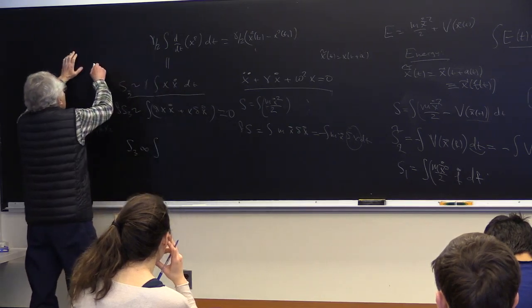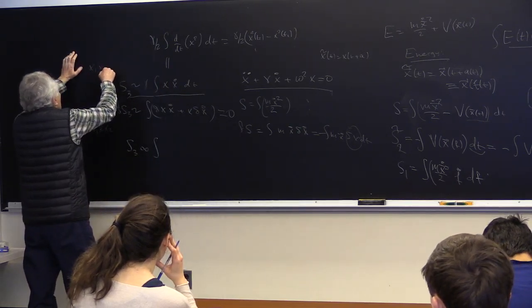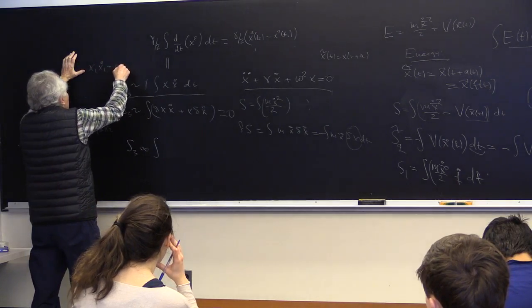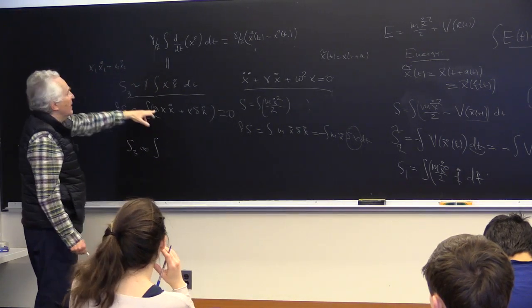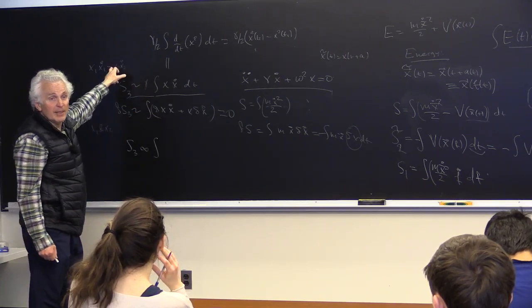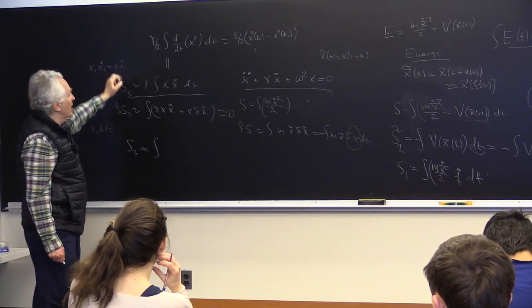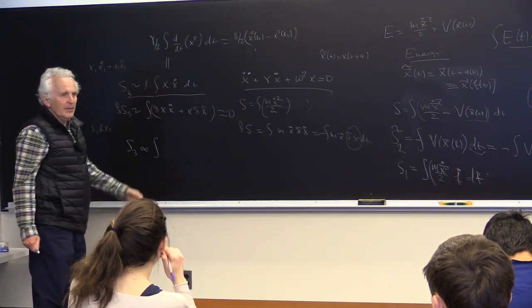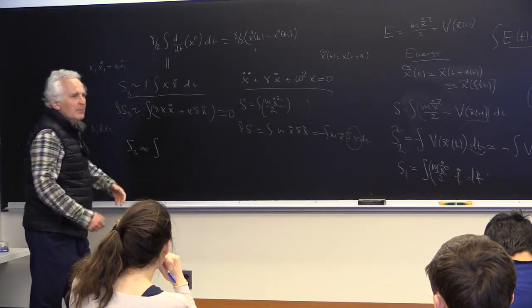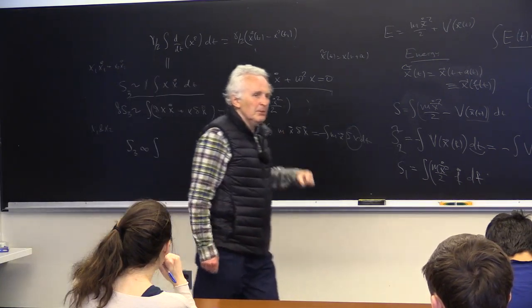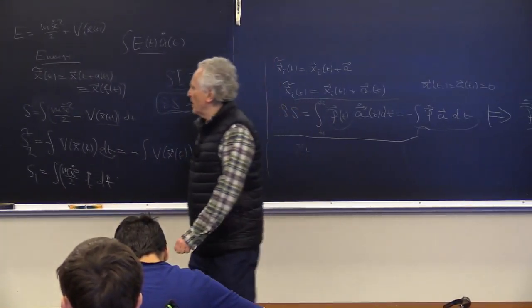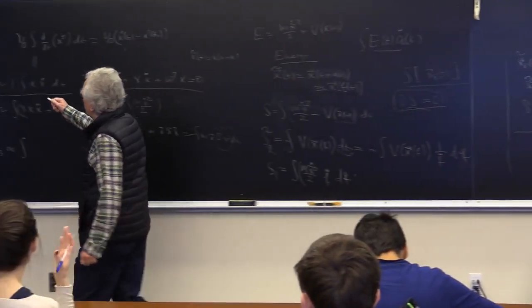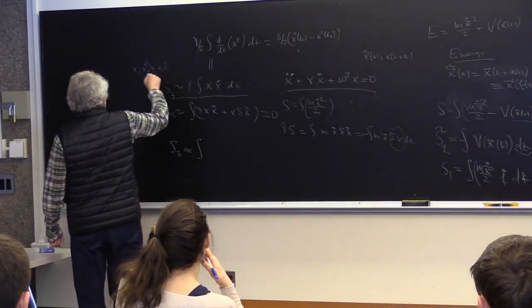For instance, if we simply write down x1, x1 dot plus x2, x2 dot, that's no good, because it's the same as this example. This is a complete derivative. But if you play around with it a little bit, you will get something useful. So this is useless stuff.